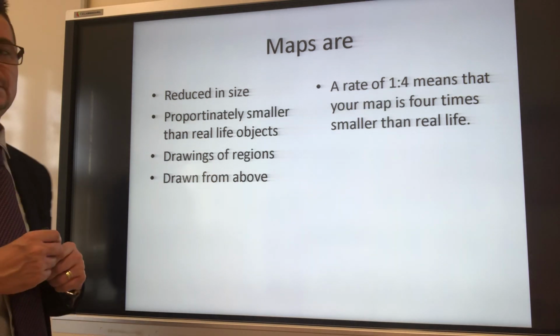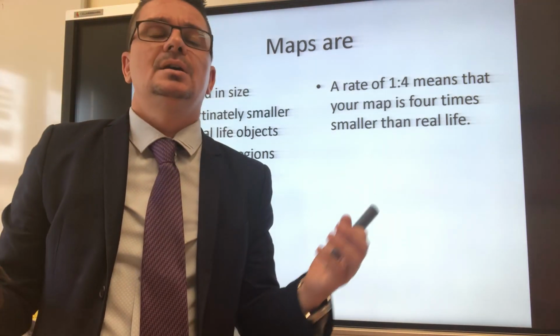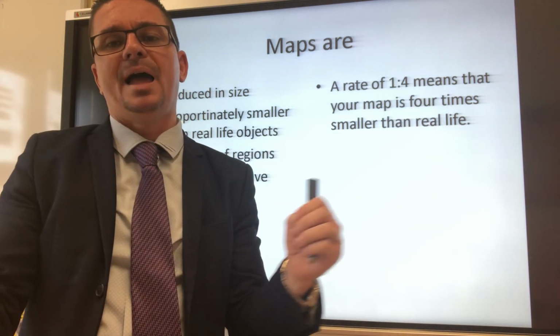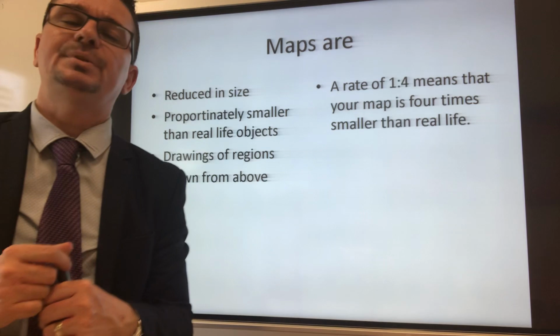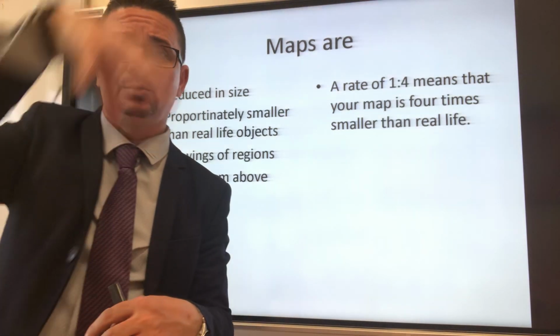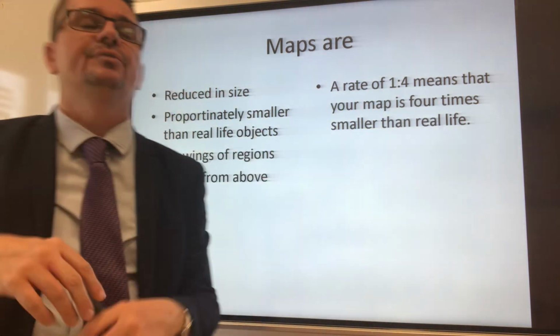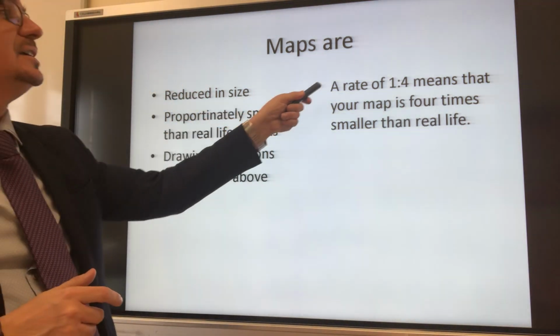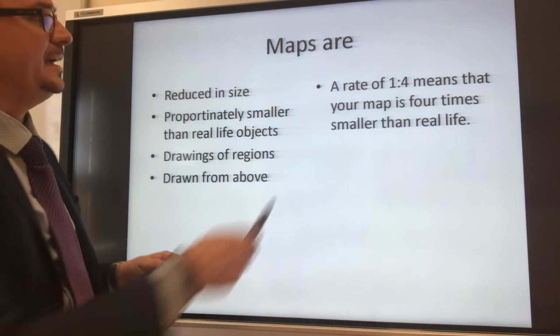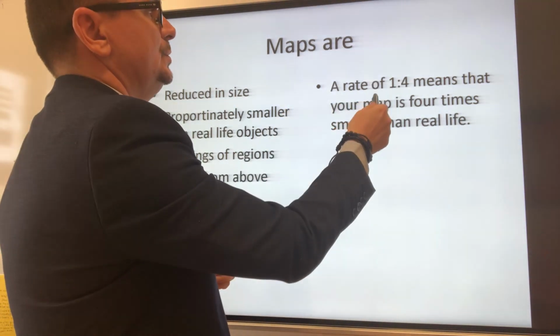Drawings of regions. Yes, we can't just place everything on a map. If we need the map of a city, we just draw that particular region. Drawn from above, we mentioned this, so always showing things from above. And very often you can find a special number in the corner of maps, like this one, 1 to 4.